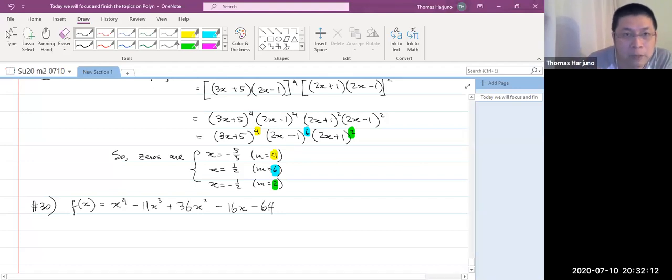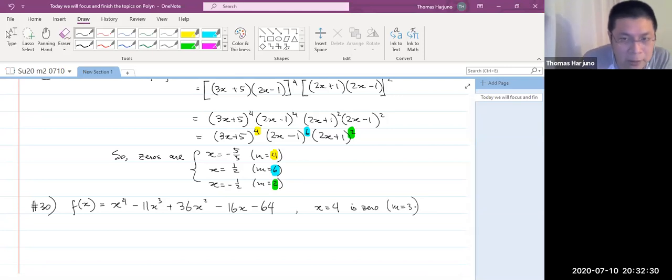They tell us that x equals 4 is a 0 with multiplicity of 3. That's a very big help, because otherwise we don't know any way right now to factor this yet.